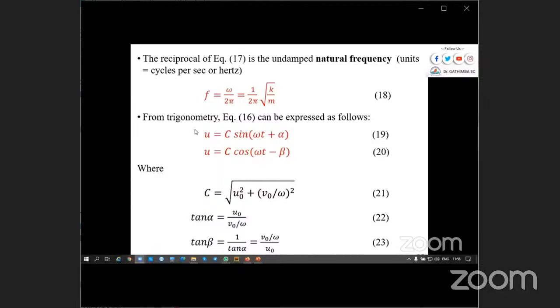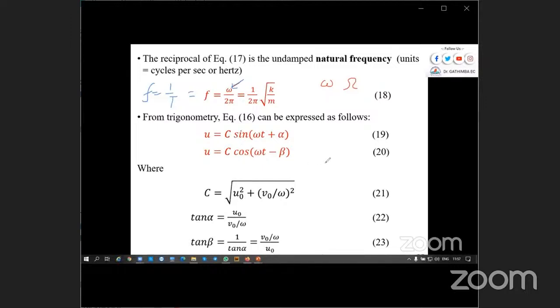Remember, the small omega is what we refer to as the angular frequency, in radians per second. And this f is what you call the natural frequency, with units of cycles per second or hertz. It's the reciprocal, so f is equal to 1 over the period. This is just rearranging equation 17.